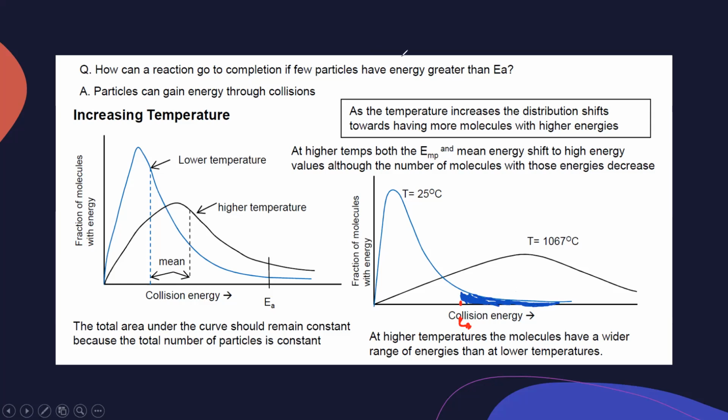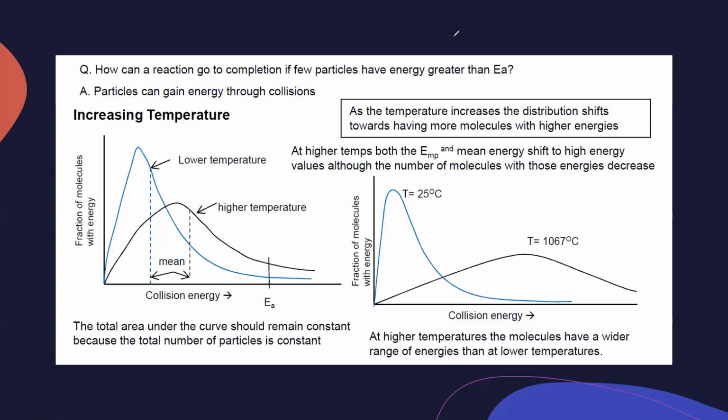But when we repeat the same experiment at a higher temperature, you can see the total area of the particles which are beyond the activation energy increases. That's why at higher temperature there will be a greater rate of formation of product as compared to lower temperature. Is it clear?